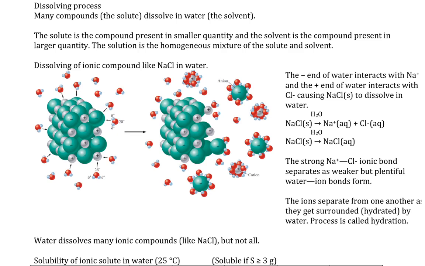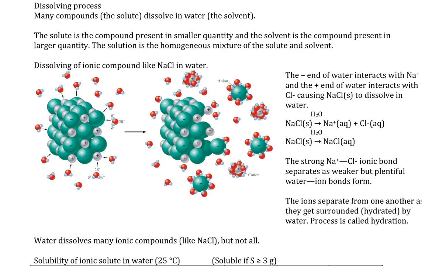We just don't see the sodium chloride anymore because they're all separated from each other, the sodium cations and the chloride anions. So the ions separate from one another as they get surrounded by water. That is to say, they get hydrated. So that process is called hydration, this dissolving process.